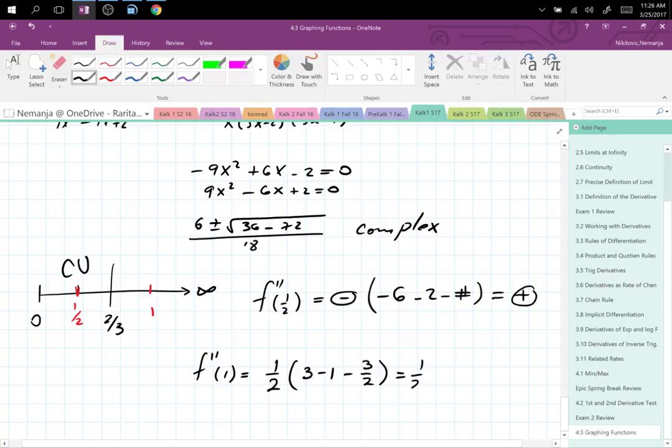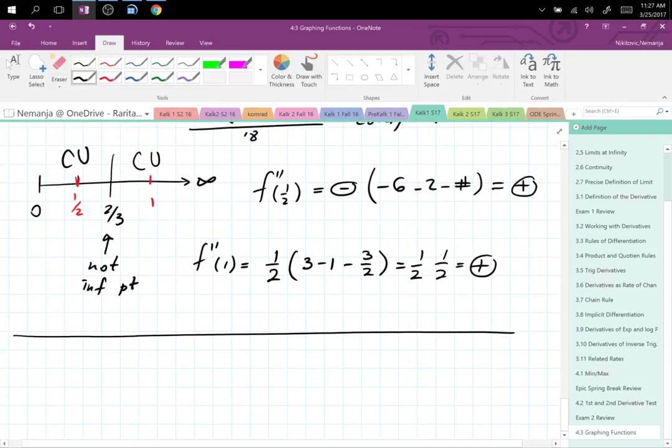That's 1/2 times (3 minus 1) is 2. See? Still positive. So concave up. So it's not an inflection point. It's not an inflection point. And it was a minimum before, so wow, what an evil problem.